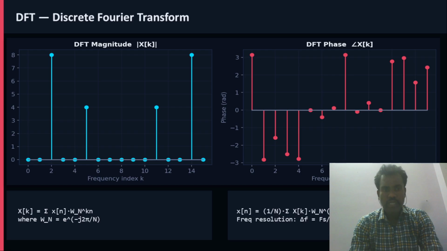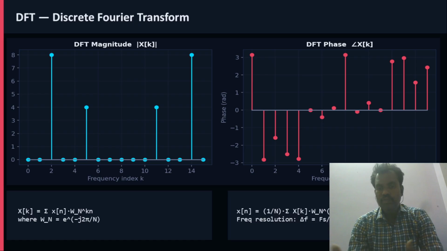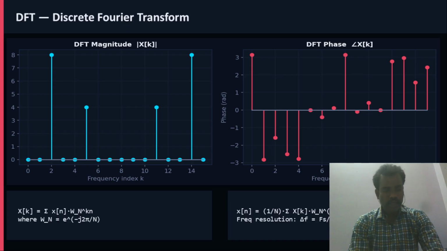So you need to take care of choosing the proper number of samples in the discrete frequency domain, so that when it is repeating in the time domain, it won't be aliasing, it won't be overlapped. Okay. So the conclusion is the discrete Fourier transform of a discrete time signal is discrete and periodic.